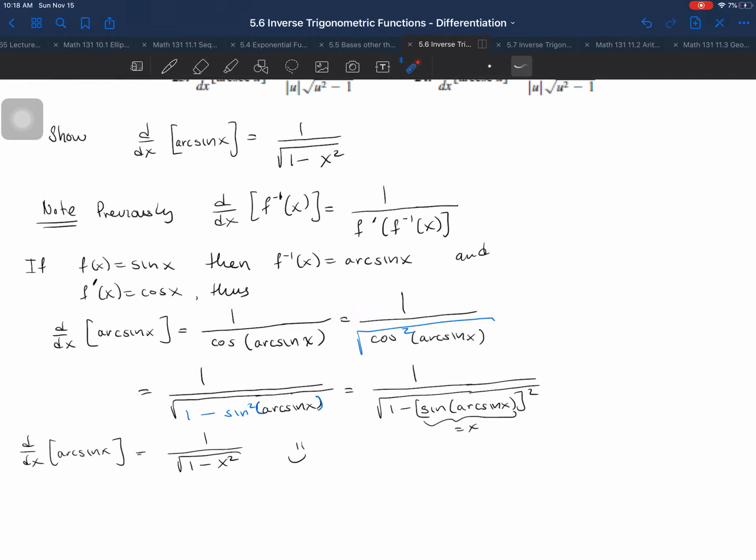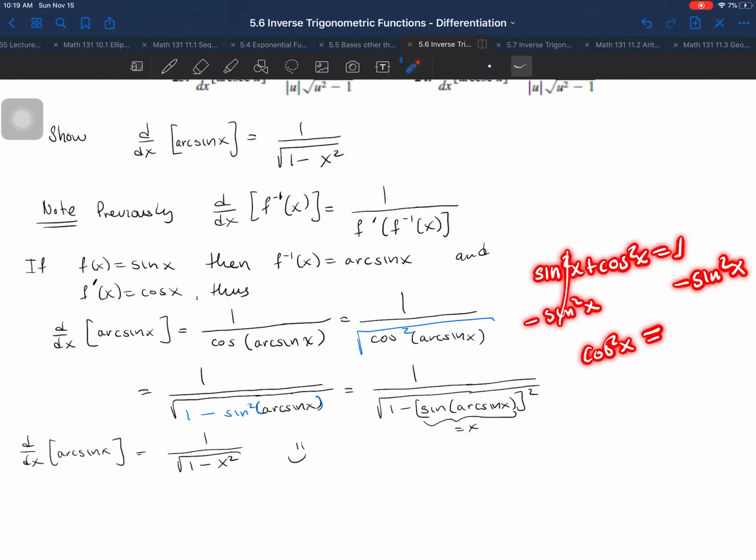By doing that, now I have a cosine squared of an angle. Now remember that we have a theorem which says sine squared of x plus cosine squared of x equals 1. And if you subtract sine squared of x from both sides, that gives us cosine squared of x equals 1 minus sine squared of x, right?